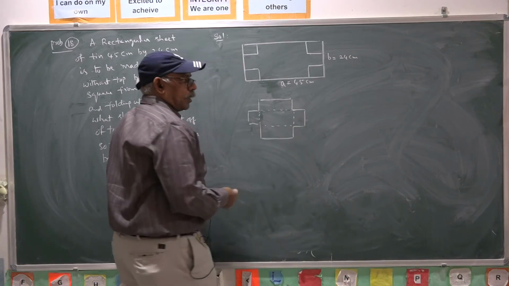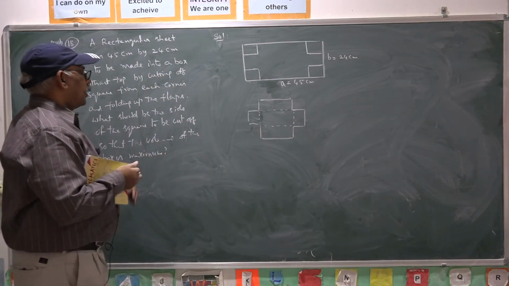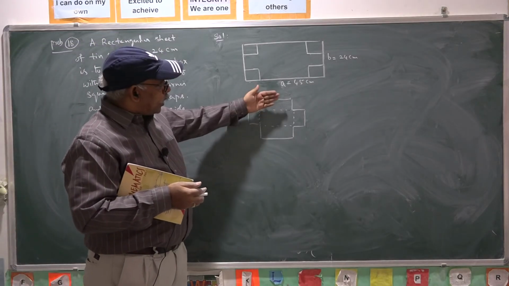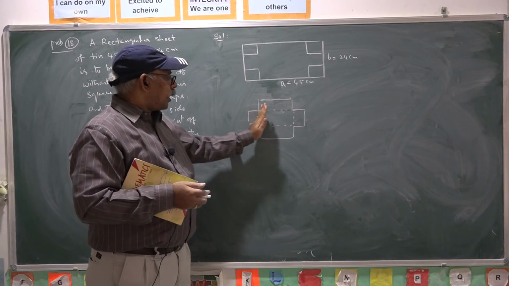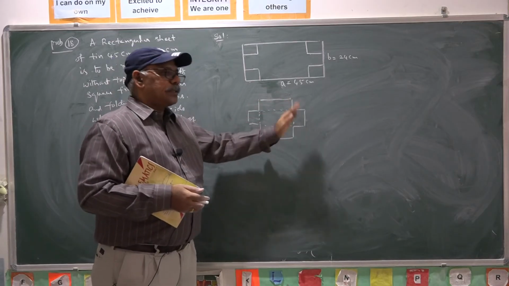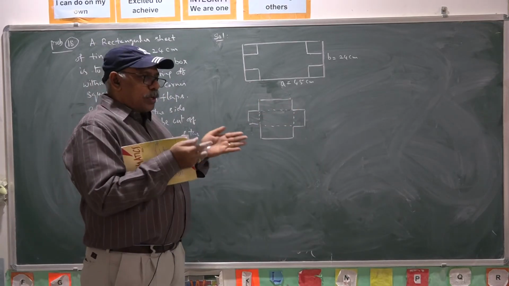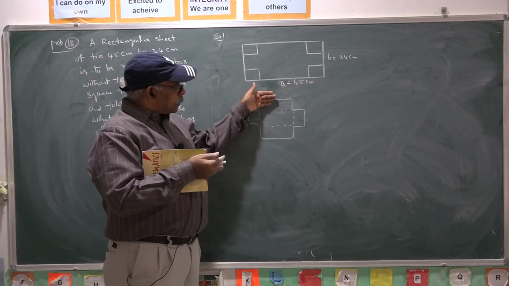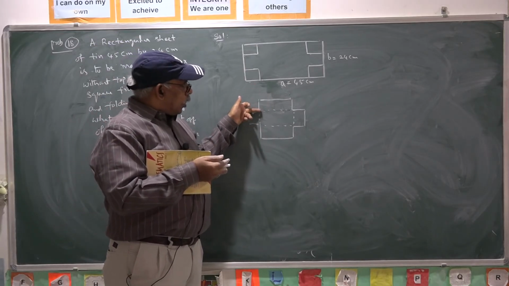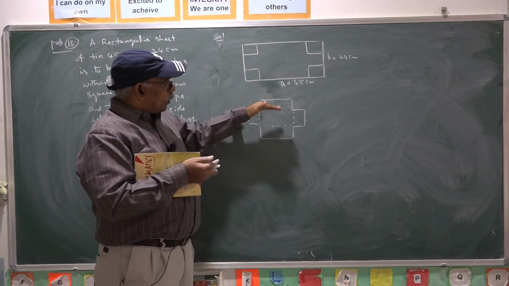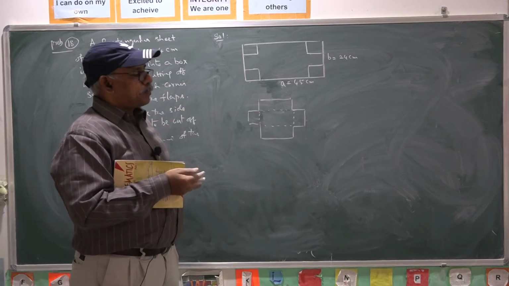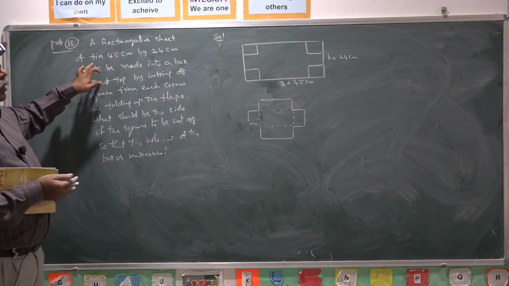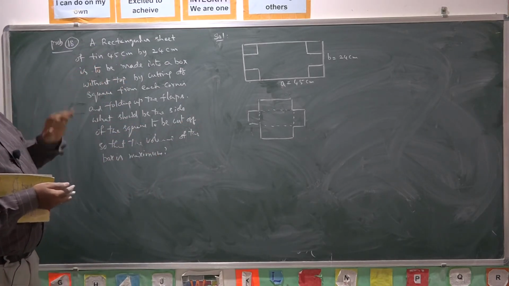Now, by folding up these flaps like this, that means if these flaps are folded along these dotted lines, once they are folded up, then a topless box, a box without top, is made.